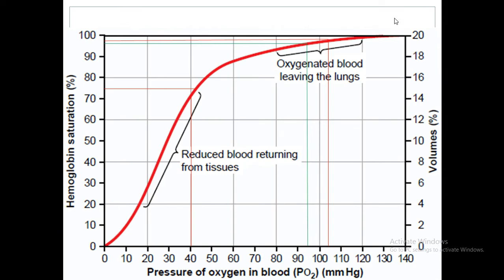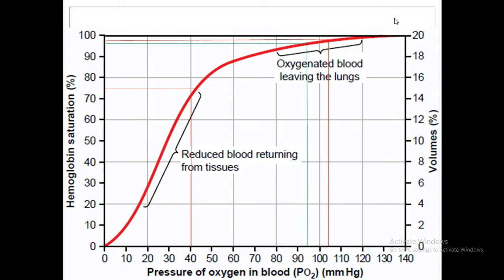This is a very important graph which is called the oxygen hemoglobin dissociation curve. The first thing you must be clear about is what is meant by the oxygen hemoglobin dissociation curve. Why are we giving this name to this curve? Oxygen hemoglobin combination, as I have told you, is a reversible combination, not irreversible.